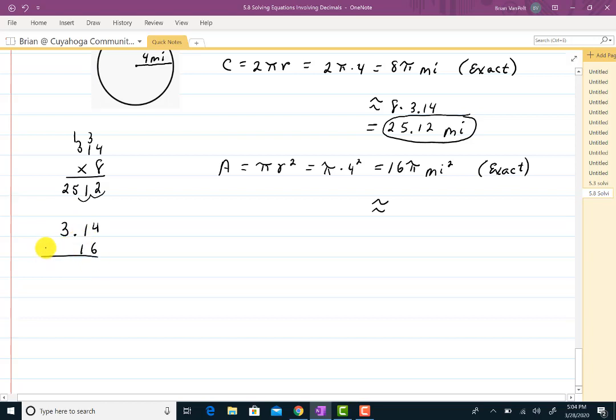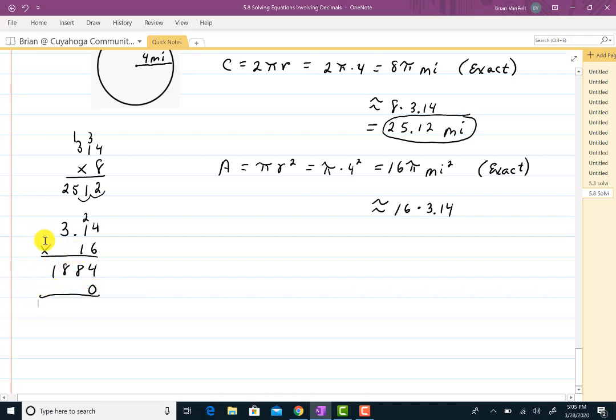Now, sometimes I have my decimal and sometimes I don't. I'll figure out the decimals when the problem is done anyways. So this is 16 times 3.14. And you ignore the decimal as you're doing this. So 6 times 4 is 24. Carry the 2. 6 times 1 is 6 plus 2 is 8. And then 6 times 3 is 18.